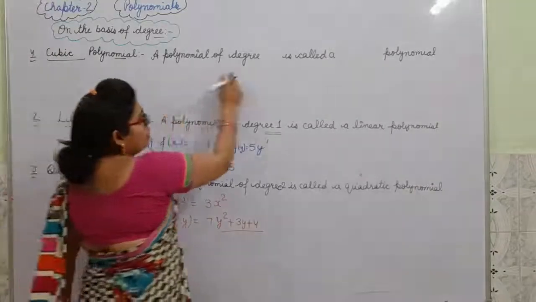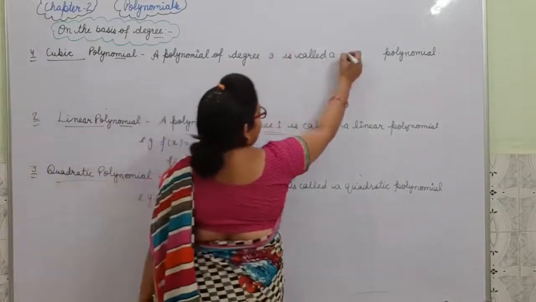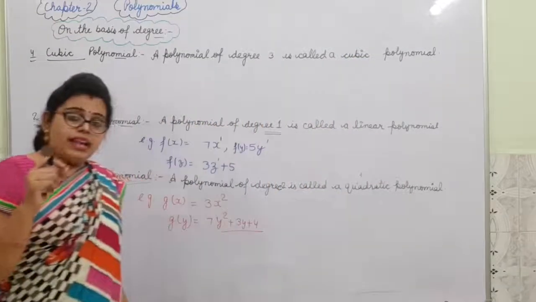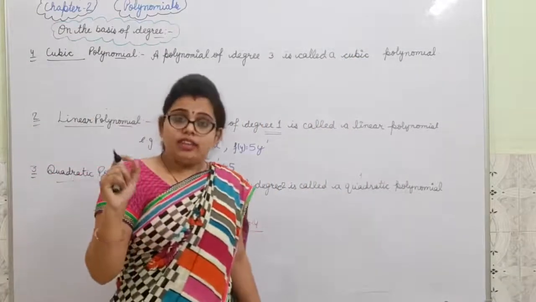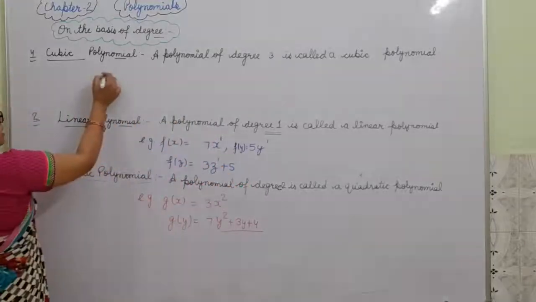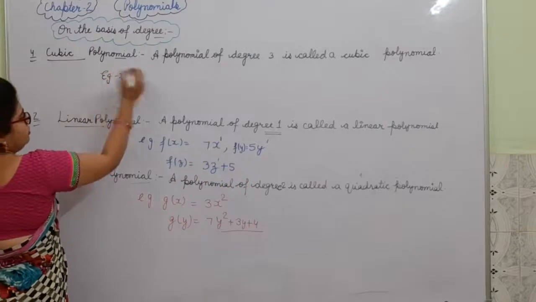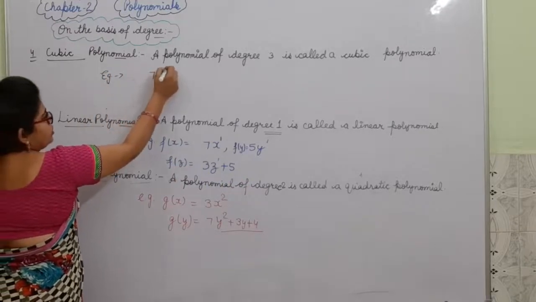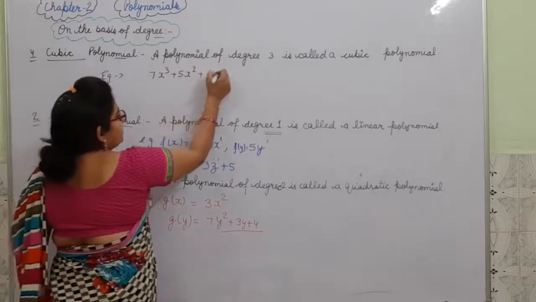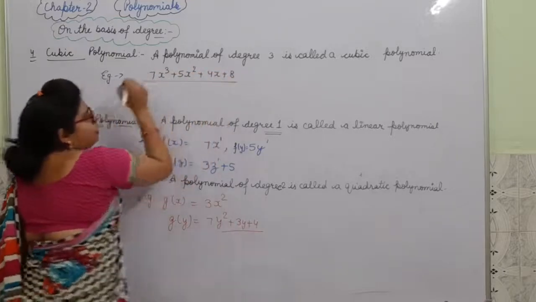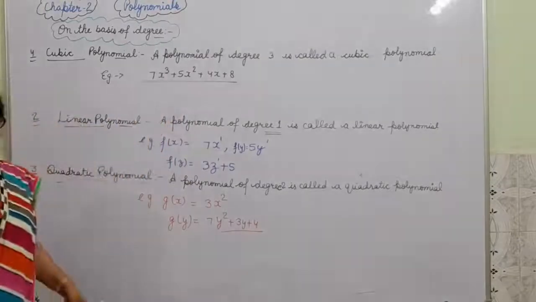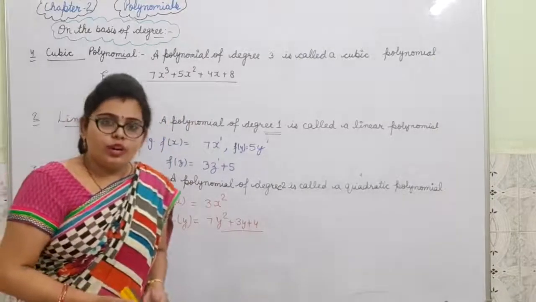A polynomial of degree 3 is called a cubic polynomial. Means an algebraic expression whose degree is 3 is called a cubic polynomial. Example, 7x cube plus 5x square plus 4x plus 8. Highest power is 3, so it is a cubic polynomial.